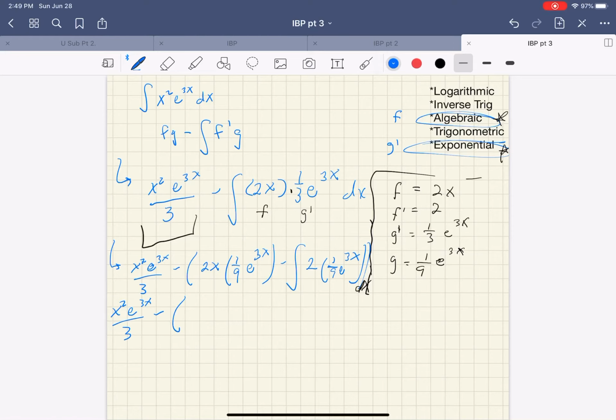I distribute my negatives all the way at the very end because it makes it a lot easier for me. So I won't have to worry about that mess in the meantime. 1 over 9 e to 3x minus the integral of 2 over 9 e to 3x dx.